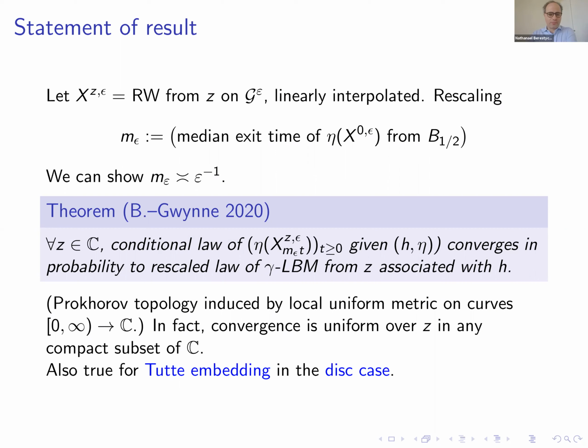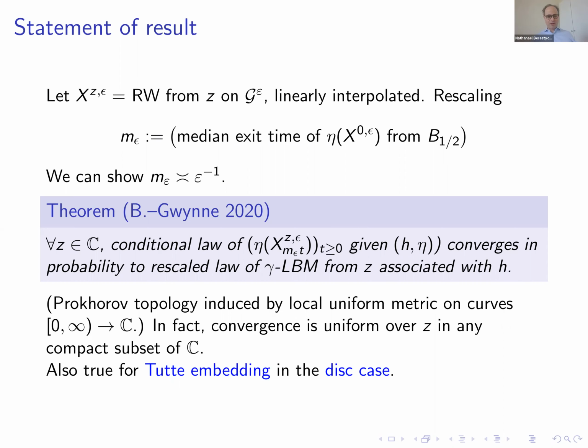So I'm going to state it in the case of the full plane for simplicity. I'm going to consider these mated-CRT maps that I've described in the full plane, with my quantum cone and, on top of that, space-filling SLE breaking up the plane into cells of mass epsilon.